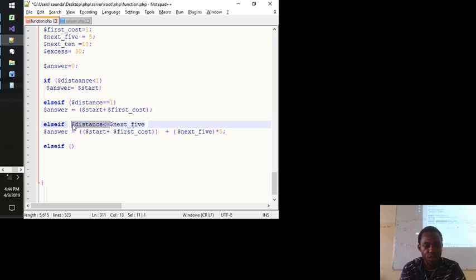If the distance is less than or equal to this, then the person will pay for that fixed 2 cedis, right? Plus the cost of the first 1 kilometer, which is this. So you'll have answer is this one.